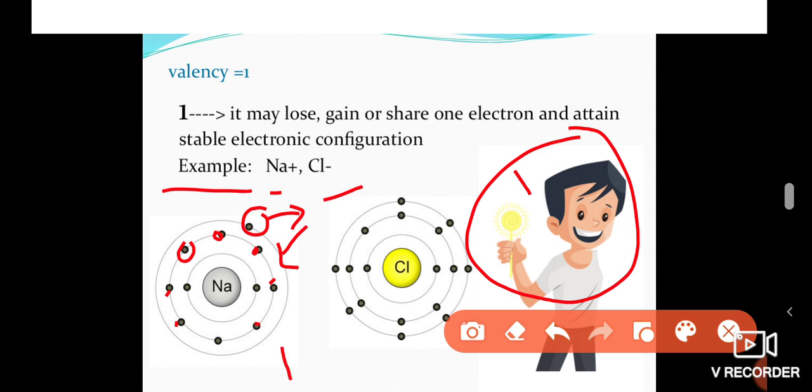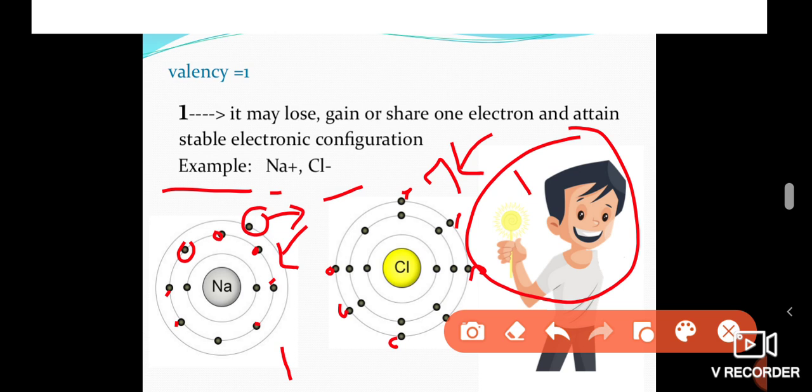Like that, chlorine's outermost shell contains 1, 2, 3, 4, 5, 6, 7. So the outermost shell or valence shell contains 7 electrons. It receives 1 electron from some other atom and attains a stable electronic configuration.